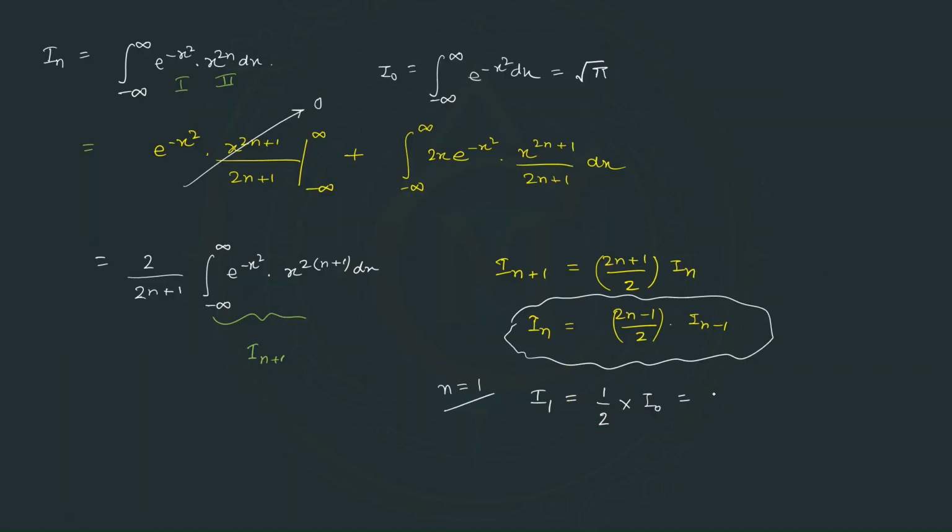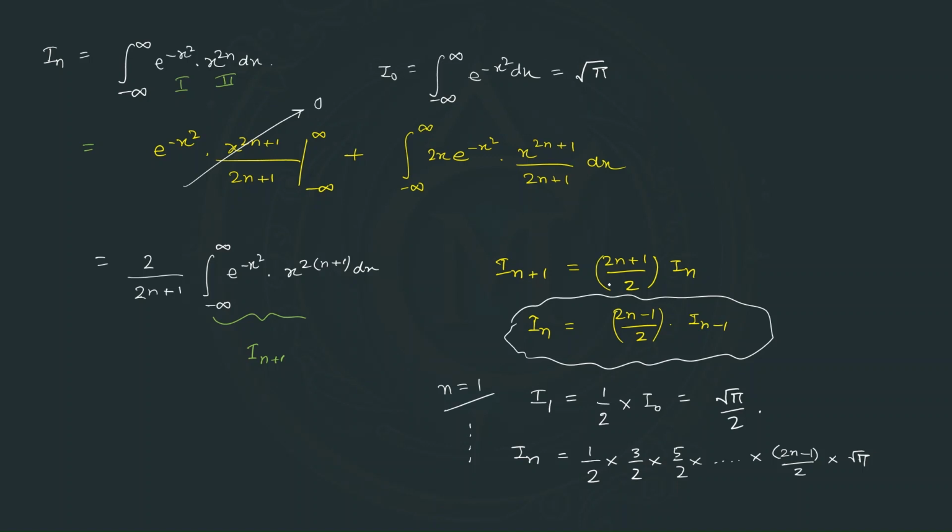So it will be root pi by 2. Similarly, if we continue to put n equal to 2, n equal to 3 and so on up to n equal to n, we will get I n will be half times 3 by 2 times 5 by 2 times so on up to 2n minus 1 divided by 2 times root pi.